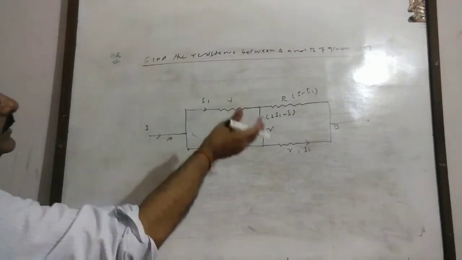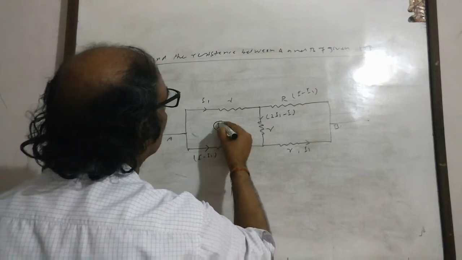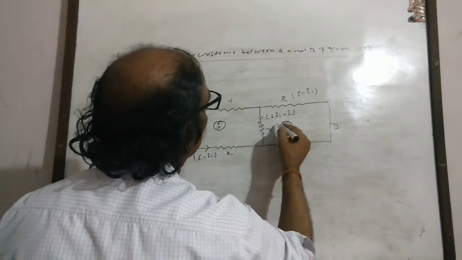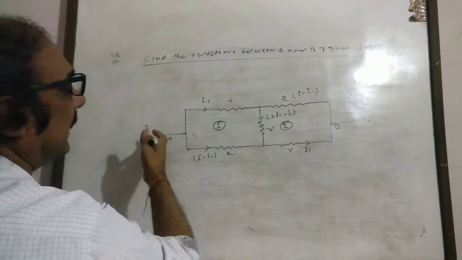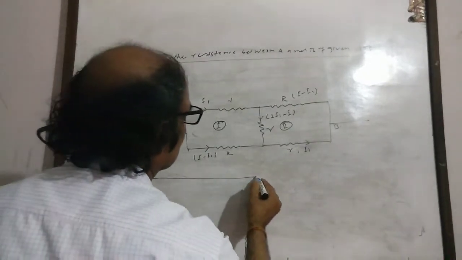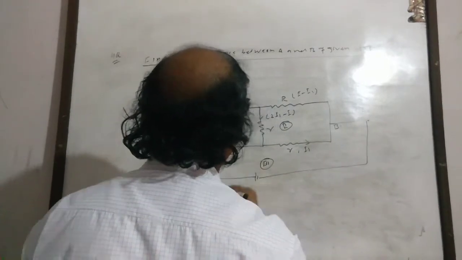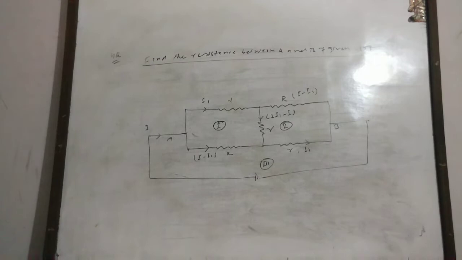And now using the two different loops. So first loop, second loop if needed, and now one of the loops is taken like this. This one is the third loop. So we have to consider only the first and third.